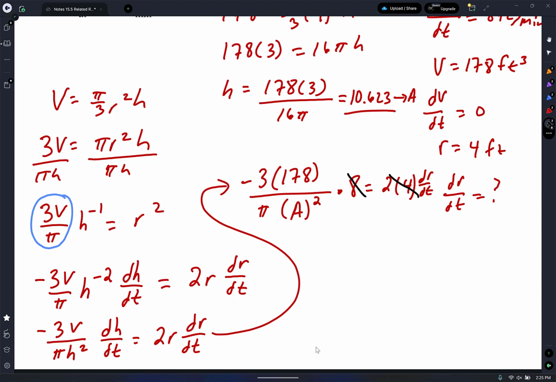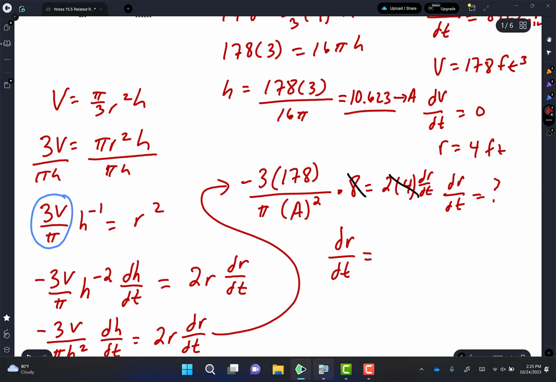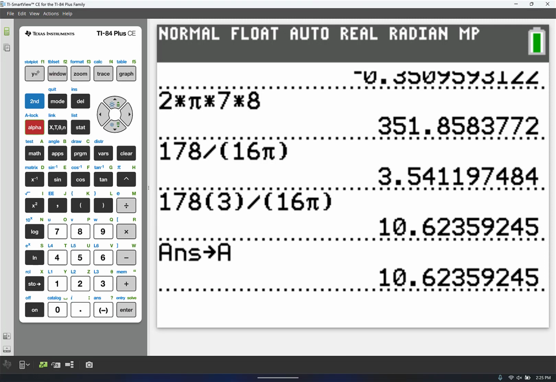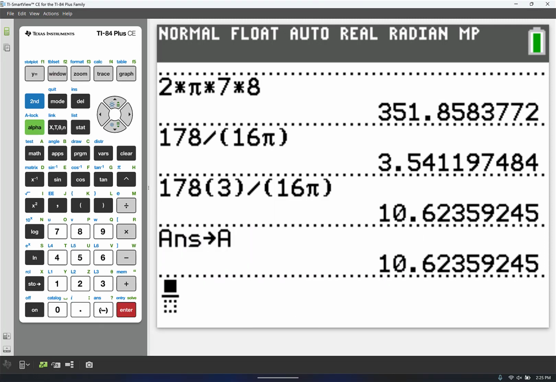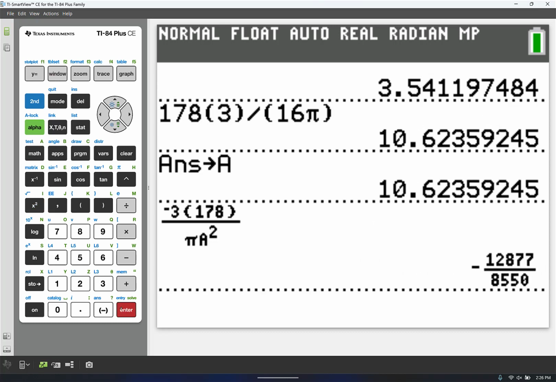So there it is. My dr/dt equals, and let's see, I'm going to take my calculator, and I'm going to use the alpha fraction feature. And I'm going to go negative 3 times, what was it? 178, close it, parenthesis, and then it was pi, so put the pi in there. And then alpha A, and was it A squared? And I'm going to push enter. You see this fraction here?